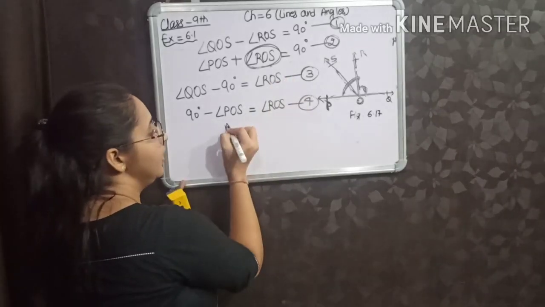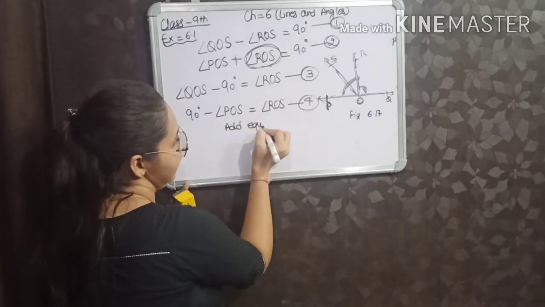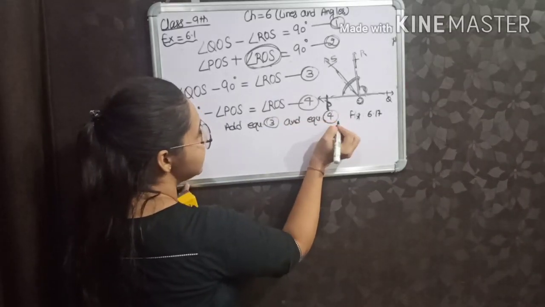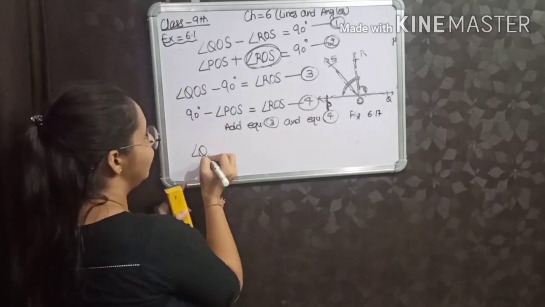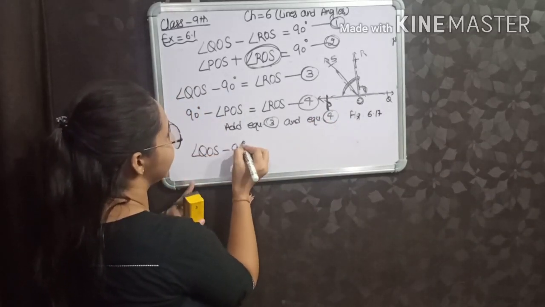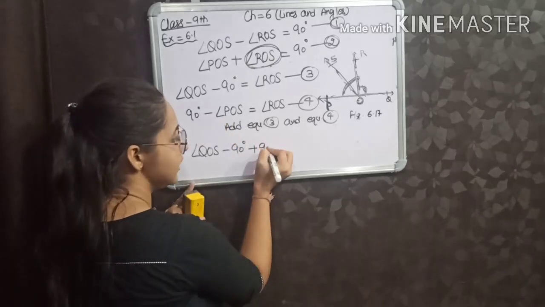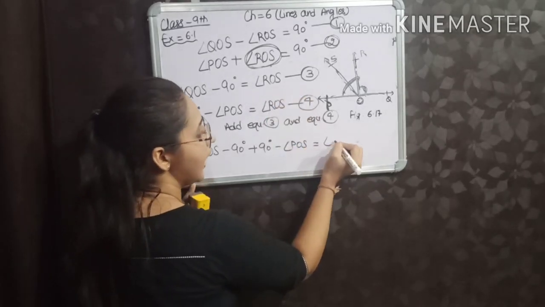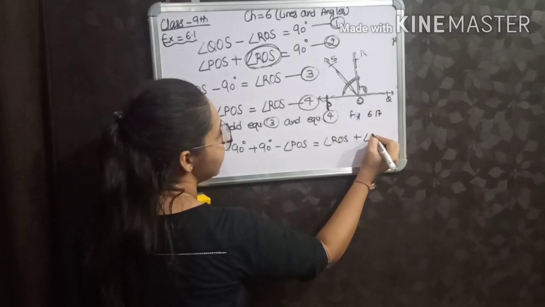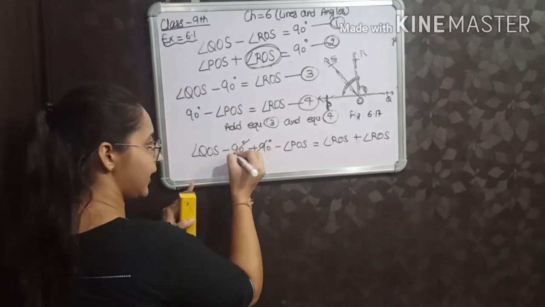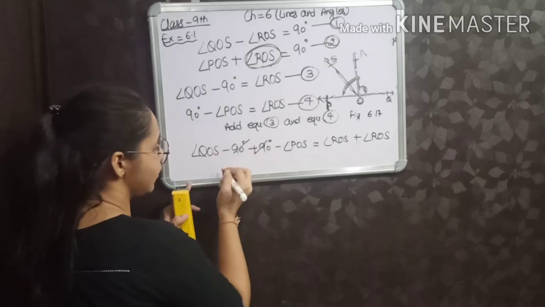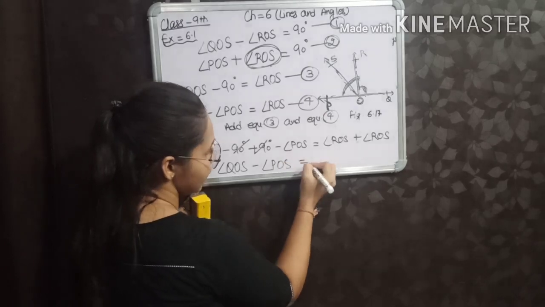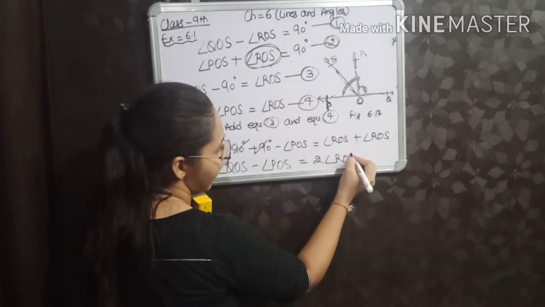Now add equation 3 and equation 4. If I add these two equations, angle QOS minus 90 degrees plus 90 degrees minus POS is equal to angle ROS plus angle ROS. Now 90 and 90 have opposite signs, so I can cancel them. It will give you angle QOS minus angle POS is equal to 2 times angle ROS.